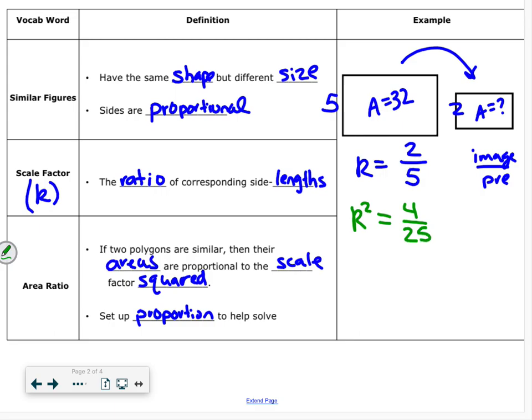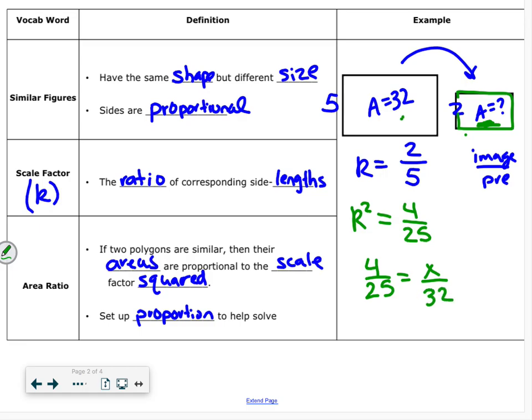Now using that, we're going to set up a proportion to help us find the area of this second shape. So there's a couple of ways we could write this formula, but let's start with the proportion. Let's start with the 4 over 25. And because we're going from the 4 to the 25, we're looking for the area of this shape, the second one, the green one, and let's just use that as x over the area of this one.